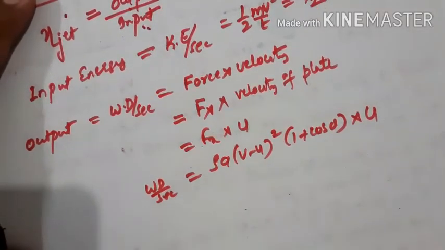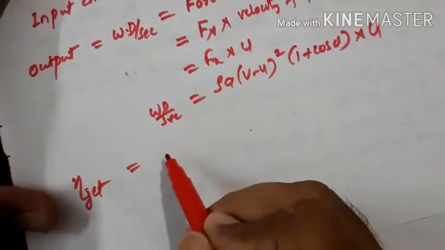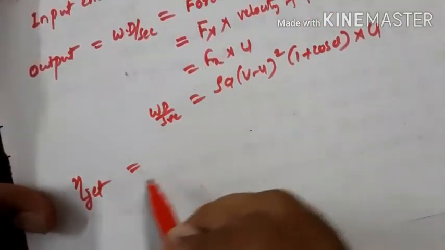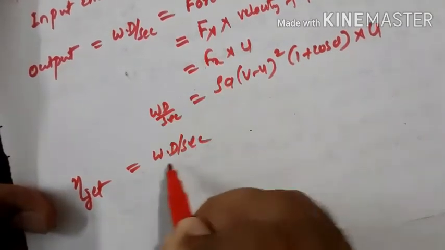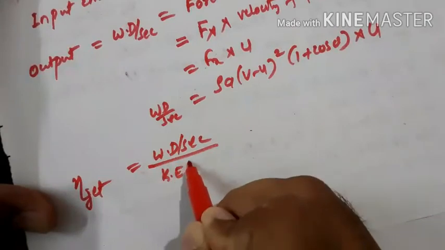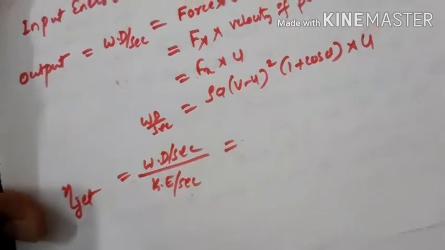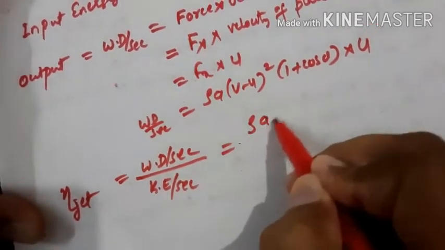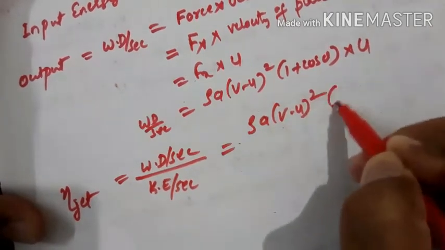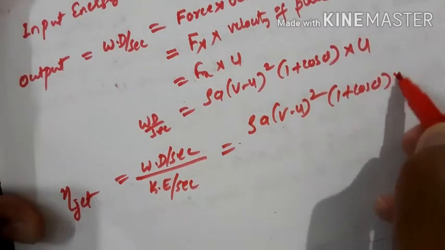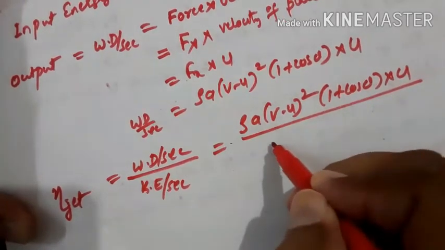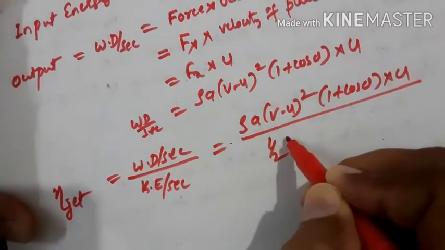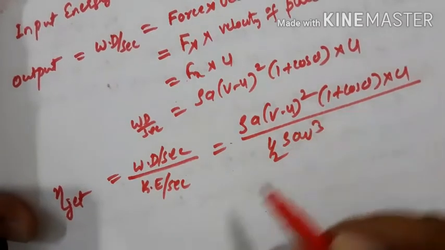Then the efficiency of the jet can be calculated: work done per second divided by kinetic energy per second. That is rho A (V minus u) whole square (1 plus cos theta) into u divided by half rho A V cube, the kinetic energy.